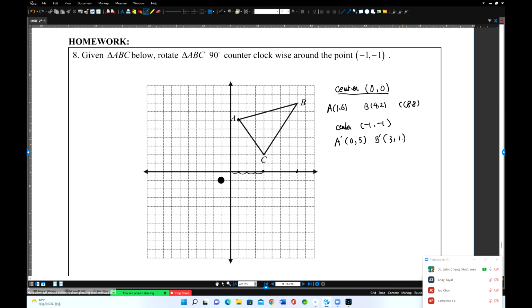Let me see. Center is at negative 1. We're going to add the negative 1. When you add that, it is 0. No, that is not working. Okay, let me check over here.